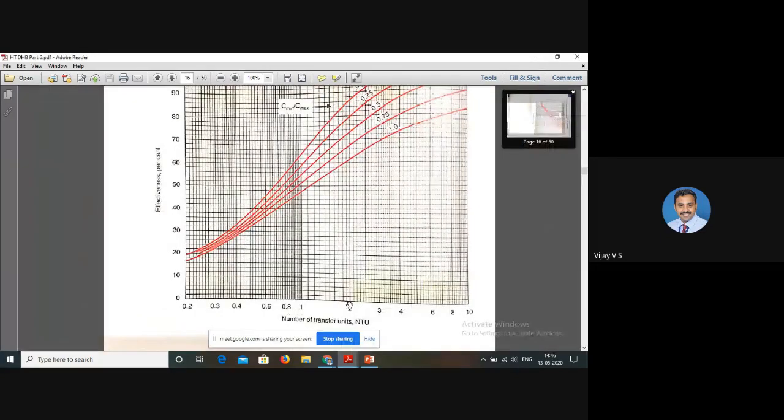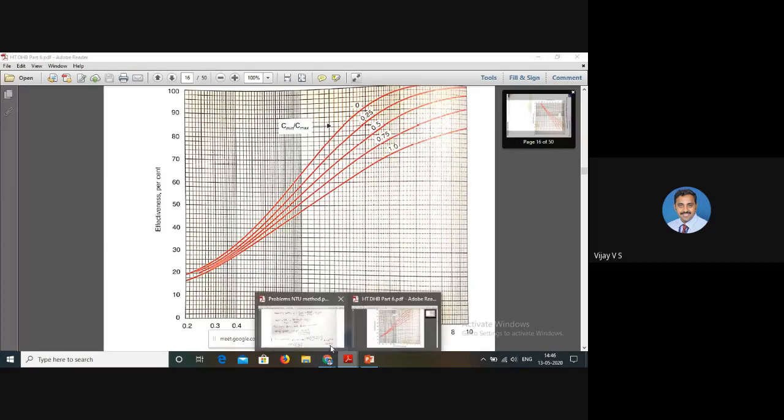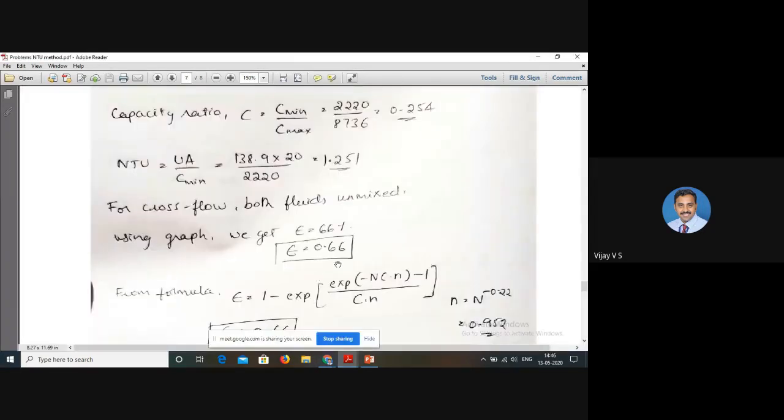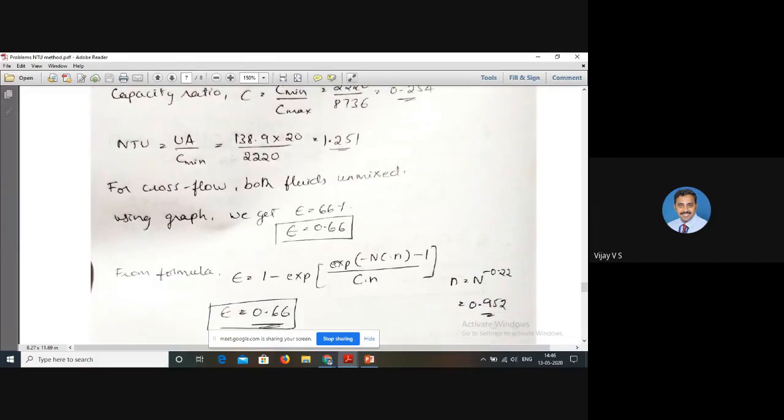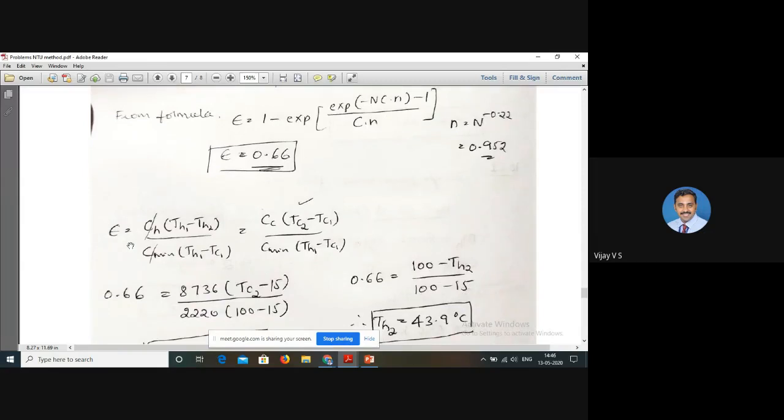So 1.25 is somewhere here, and the capacity ratio is 0.25. So 1.25 and 0.25, it is around 66, around 68. I have taken 66, but 66 or 68, no problem, anything you can take. So now I know the effectiveness.